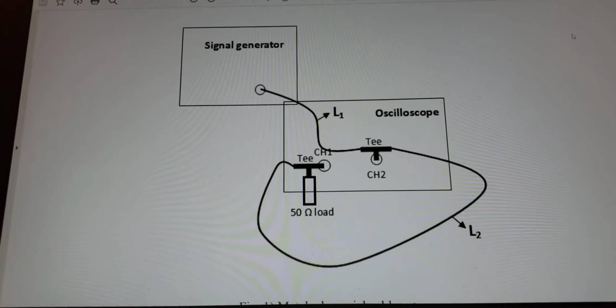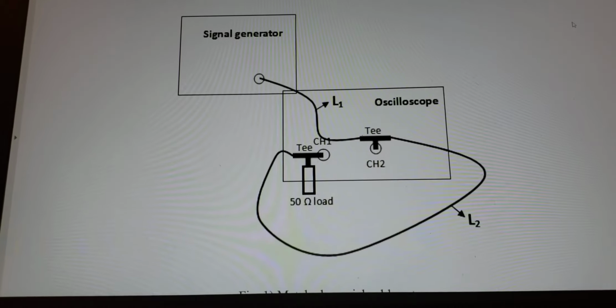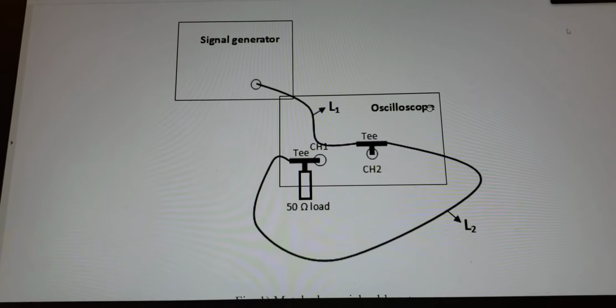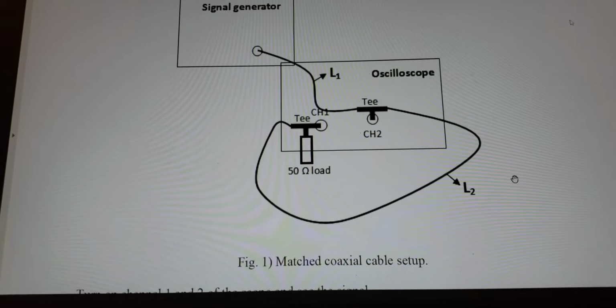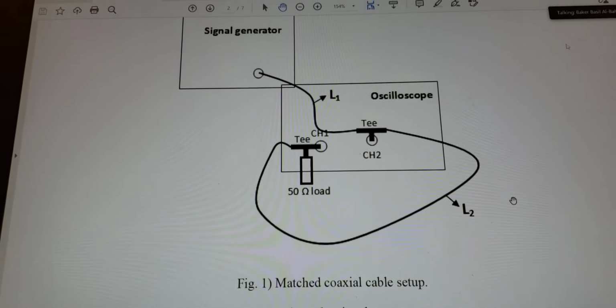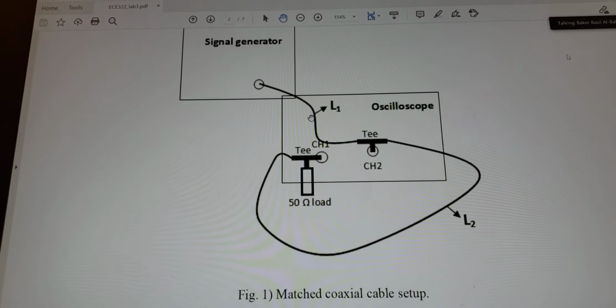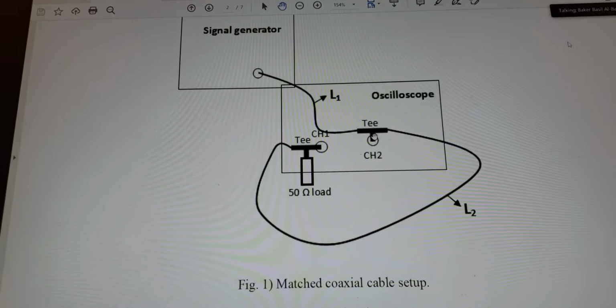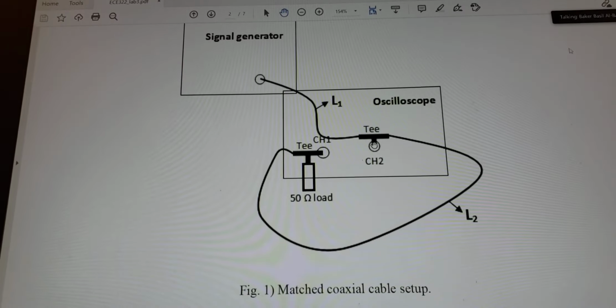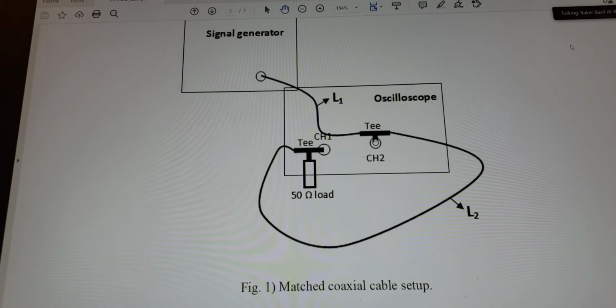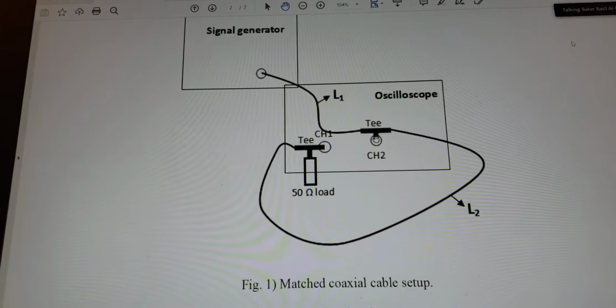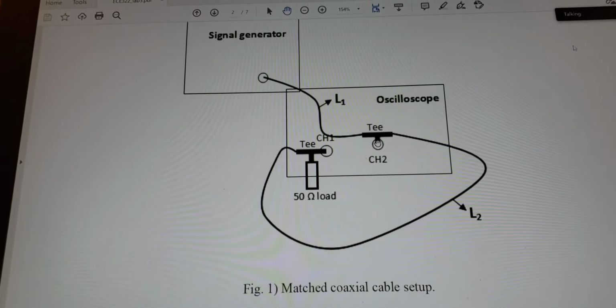Okay, guys. So here is the idea. Now, we have a signal generated here. This signal propagates through this cable to this terminal, and now it is displayed on channel 2, okay, which is the blue signal.